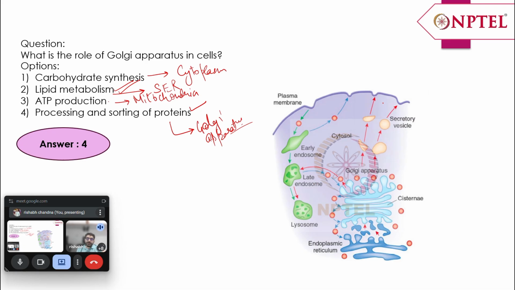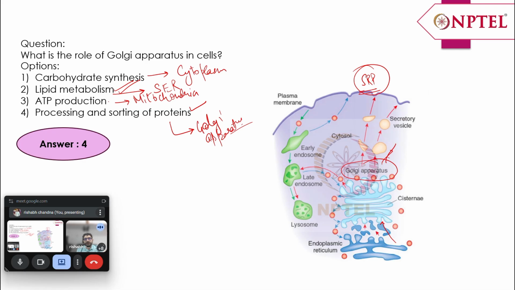But in the ER, because of the presence of SRP, the proteins that need to be present on the membrane or are secretory are synthesized there. But once a protein moves out from the ER to the Golgi, it is Golgi's responsibility to locate the protein where it is destined to go.